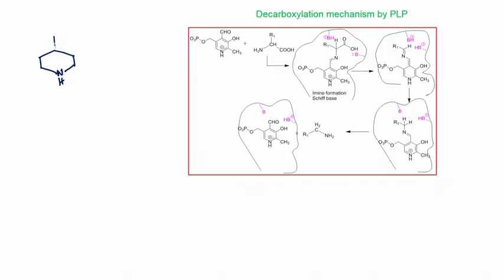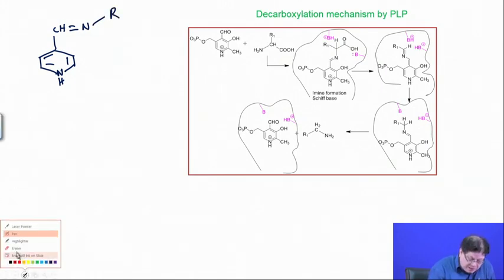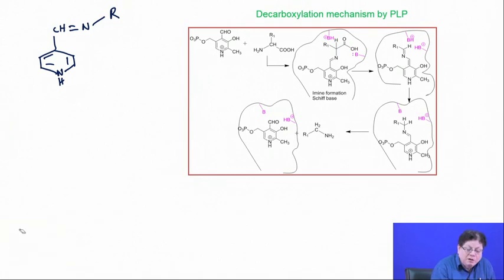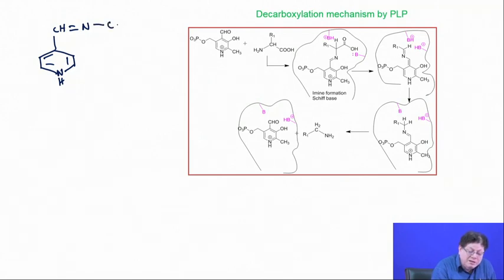Now, instead of the hydrogen, if there is breakage of the carbon bond, the carbon basically involving the carboxy carbon of the amino acid. Okay. So, what happens here? That you have C, this is your imine.